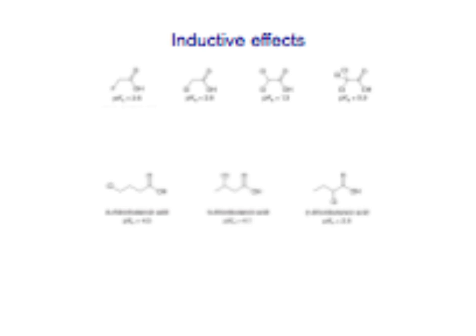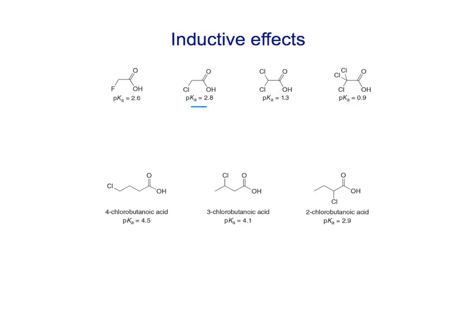If we look at the examples up on the top, and go from this one right here, chloroacetic acid, to fluoroacetic acid, we're increasing the electronegativity of this halogen, so it has a stronger inductive effect.